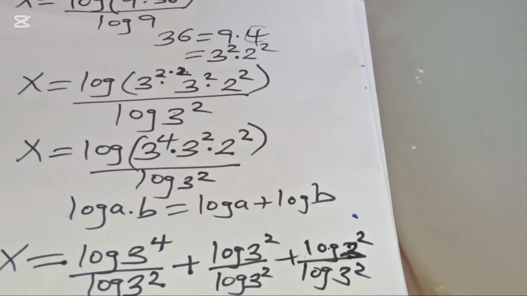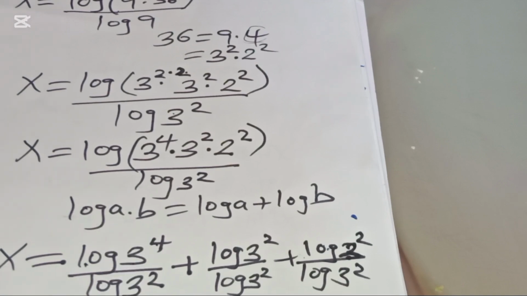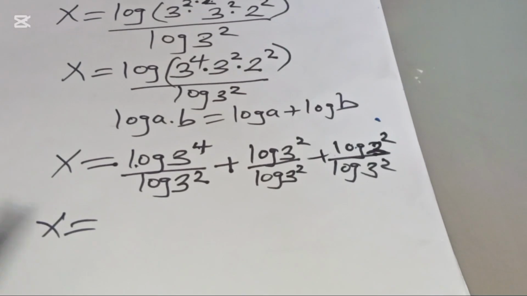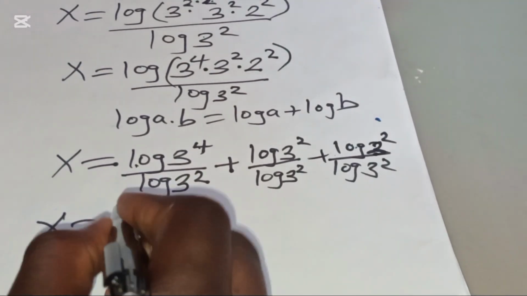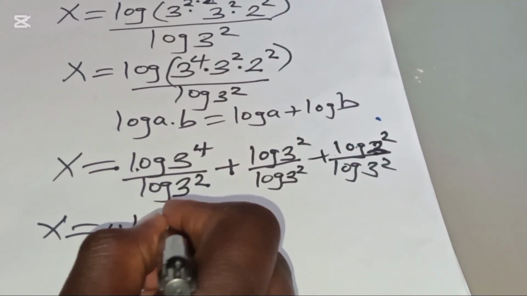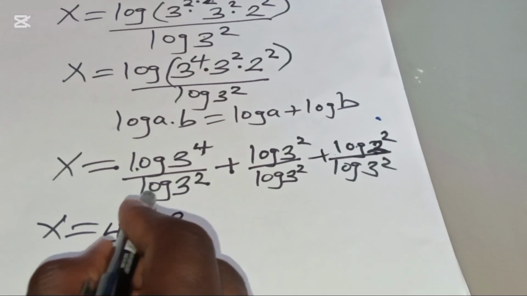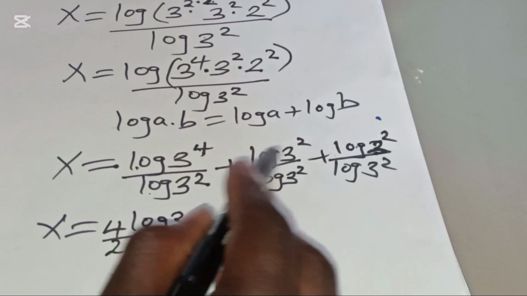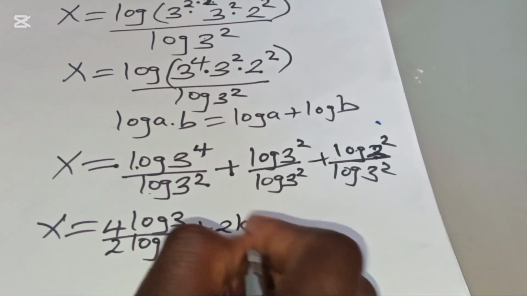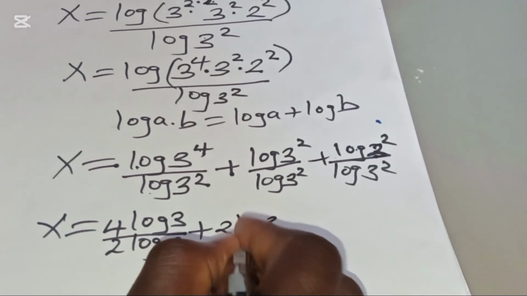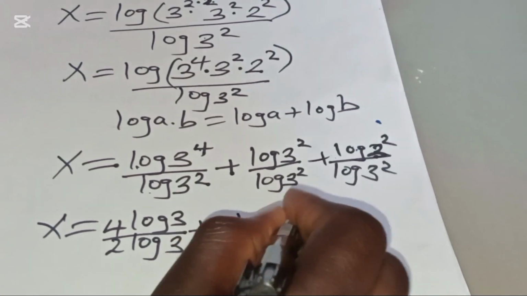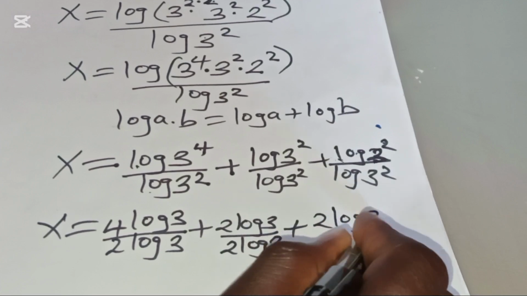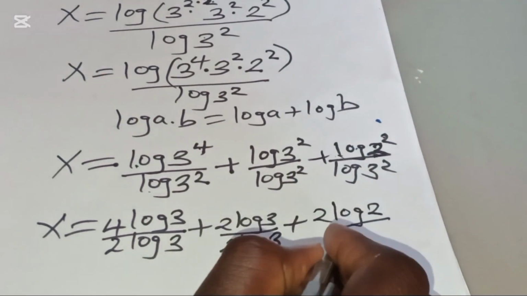Now that means log 3 to power 4, applying the power rule property of logarithm, becomes 4 log 3 divided by log 3 to power 2, which becomes 2 log 3, plus log 3 to power 2, which is 2 log 3 divided by 2 log 3, plus, now we have log 2 to power 2, which is 2 log 2 divided by 2 log 3.